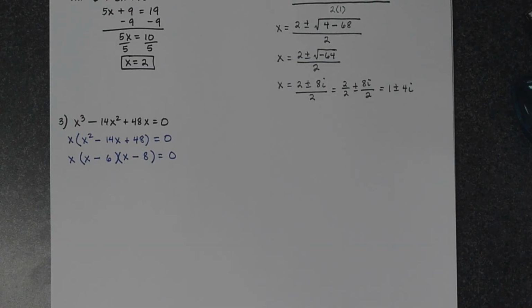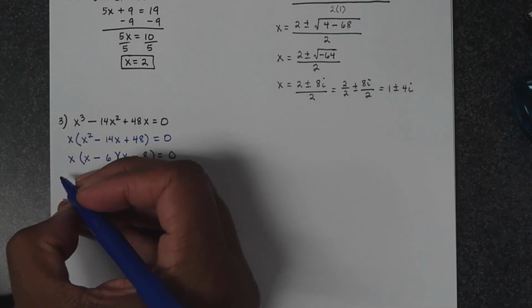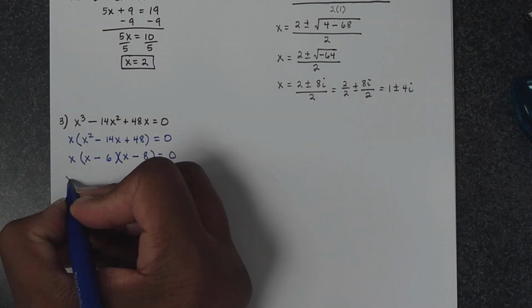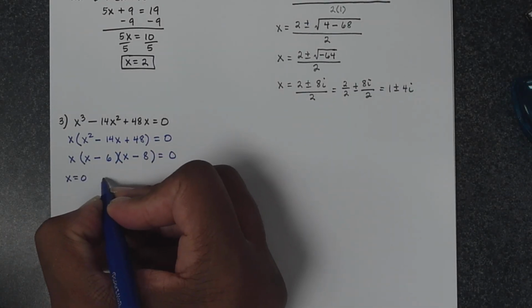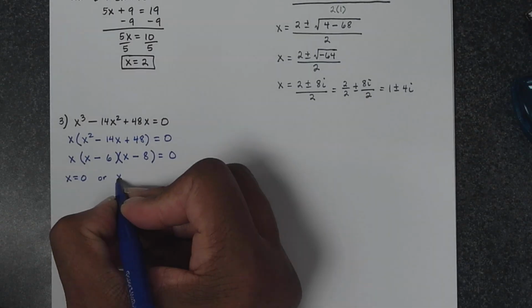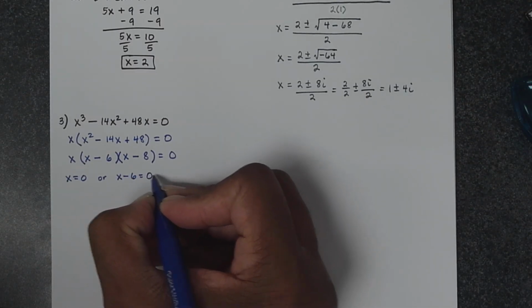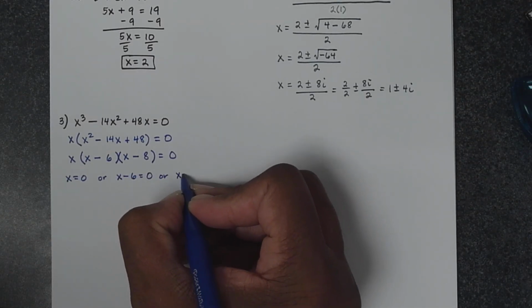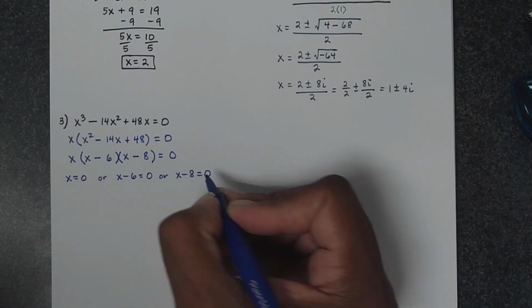So factored completely, I get x times x minus 6 times x minus 8 equal to 0. And then I set each factor equal to 0. So this means x will be equal to 0, or I can say that x minus 6 is equal to 0, or x minus 8 is equal to 0.